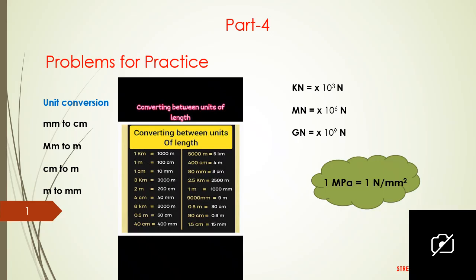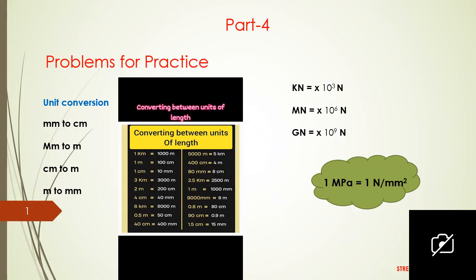This is the very basics, but often students make mistakes while solving the problem because of lack of awareness of how to convert units from one unit to another, like in dimensions as well as in load.